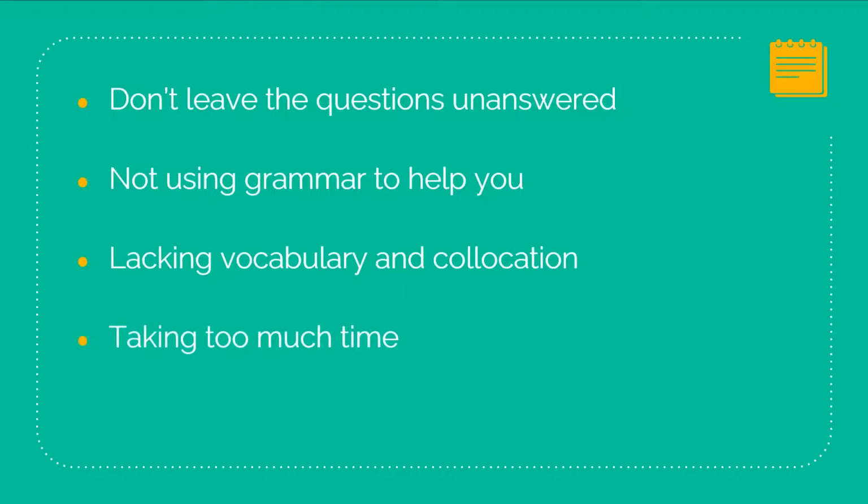Taking too much time. The PTE reading section doesn't have allocated time for each question type, so you need to learn to manage your own time. If you fail to practice enough to improve your time, you will be in trouble. So always spend the right amount of time on this question type, not too much or not too less.